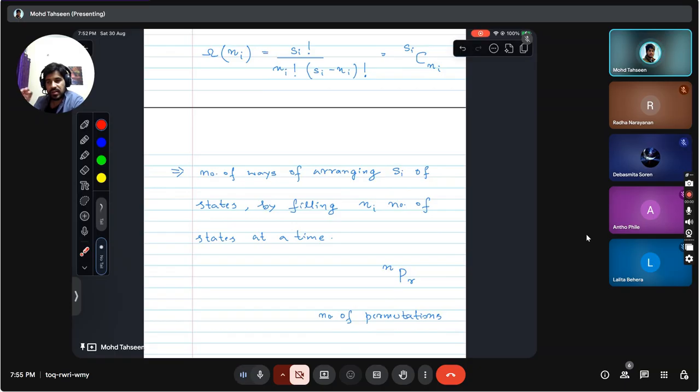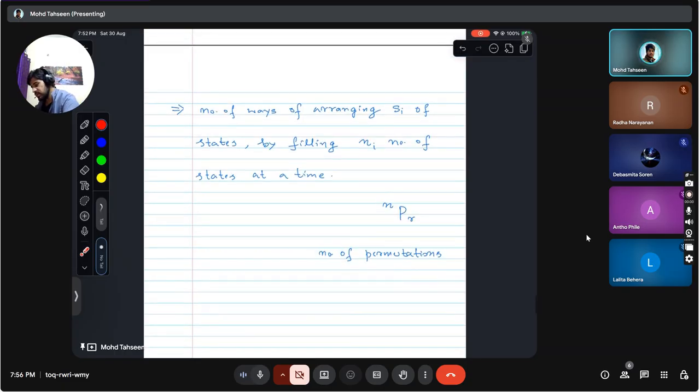So if I consider that there is a difference between these particles 1, 2, 3, 4 and 5, I give them some kind of label. If I am able to distinguish them, then I can arrange them in 5 factorial ways. That is the number of permutations corresponding to that system, right? But all of those 5 factorial permutations are a single combination, right?